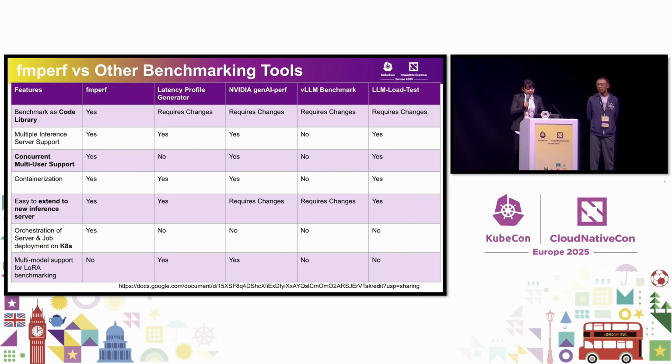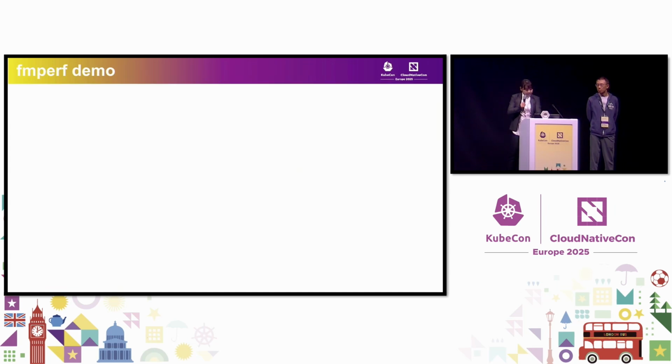The unique part is we focus on the code-first approach. So we provide a code library to easily launch the benchmarking. And we want this class to be extensible, so we can easily extend it to more types of servers, right? And then we focus on Kubernetes native integrations.